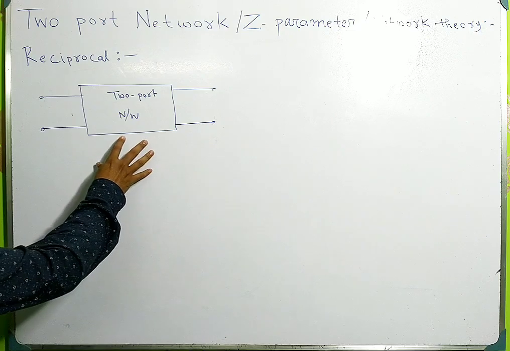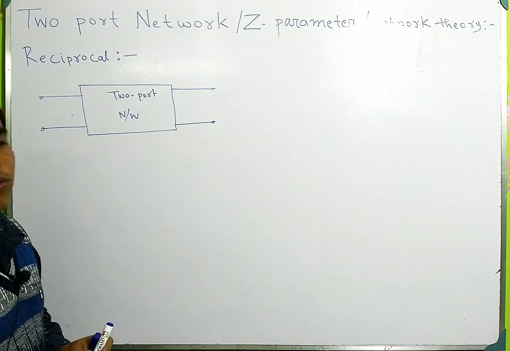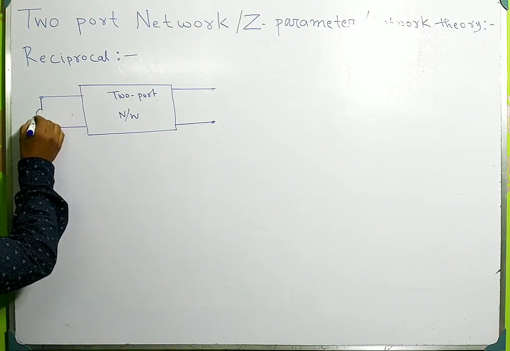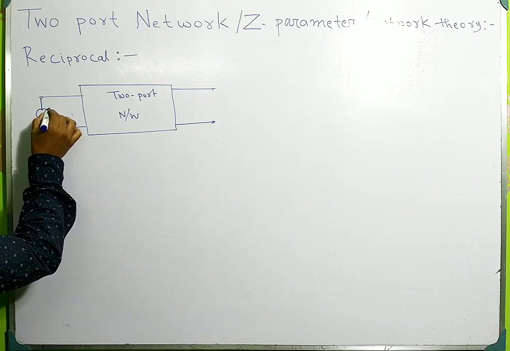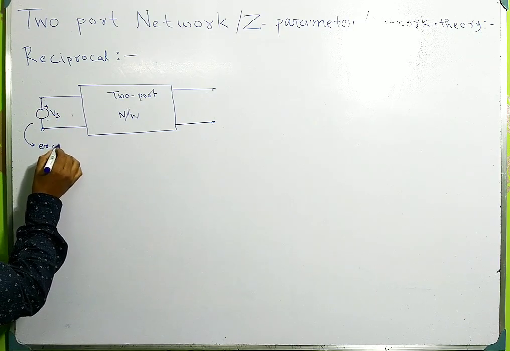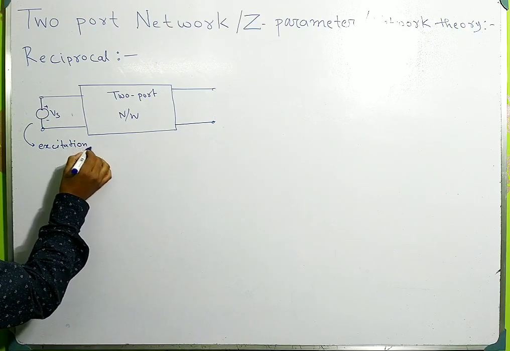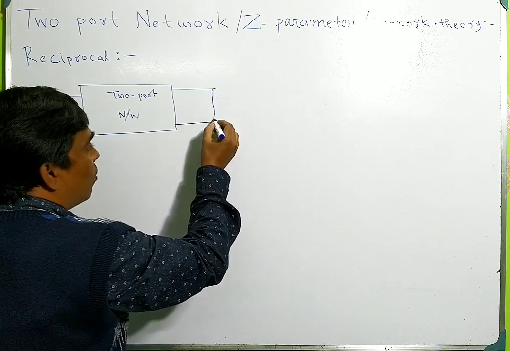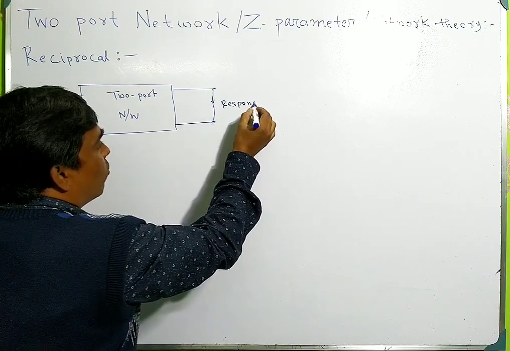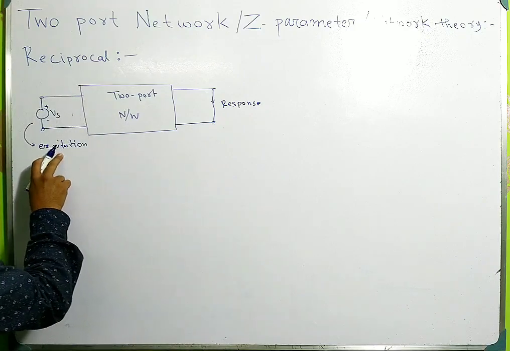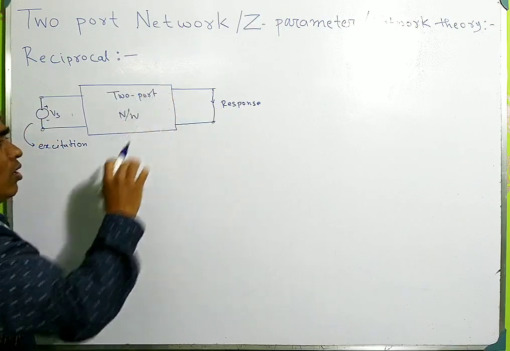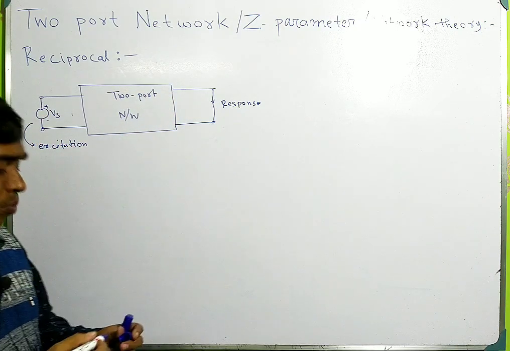Now suppose we take a two-port network and I apply an excitation in this port. This is called excitation, and we will get the response in this port. So for a specific excitation we get the response in this network.